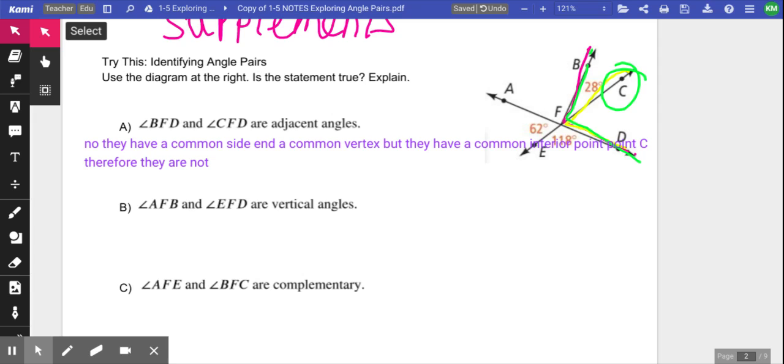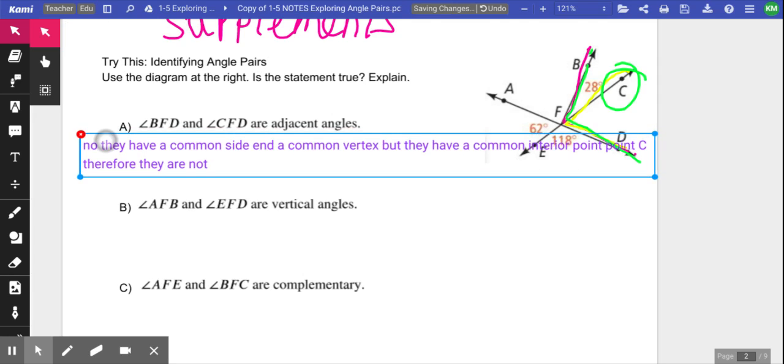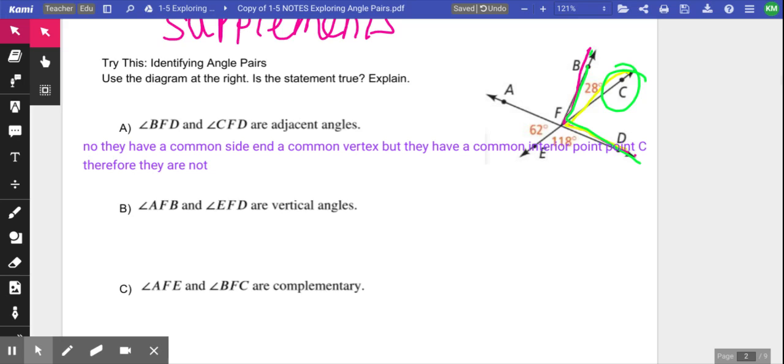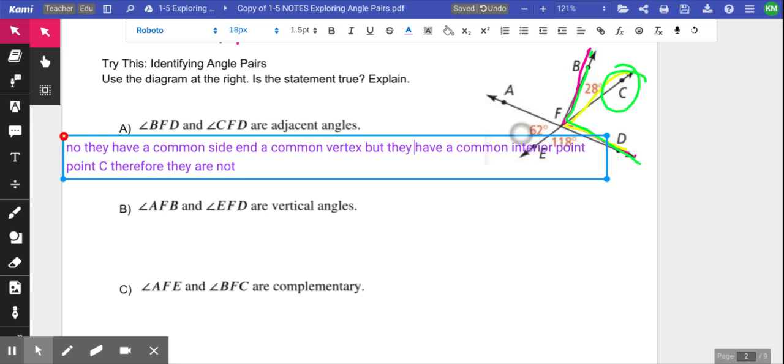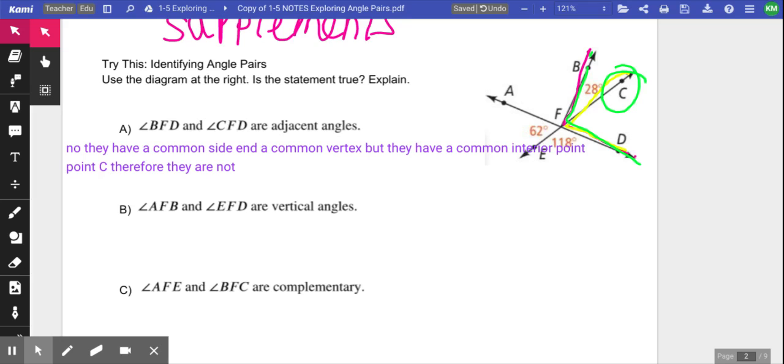So that would be our explanation. All right, let's take a look at the next one.